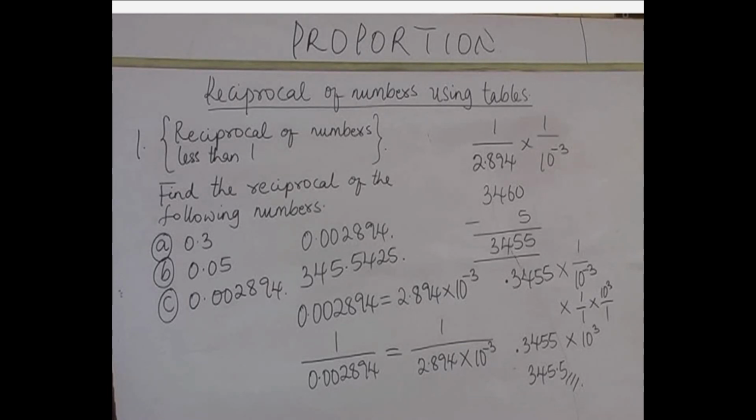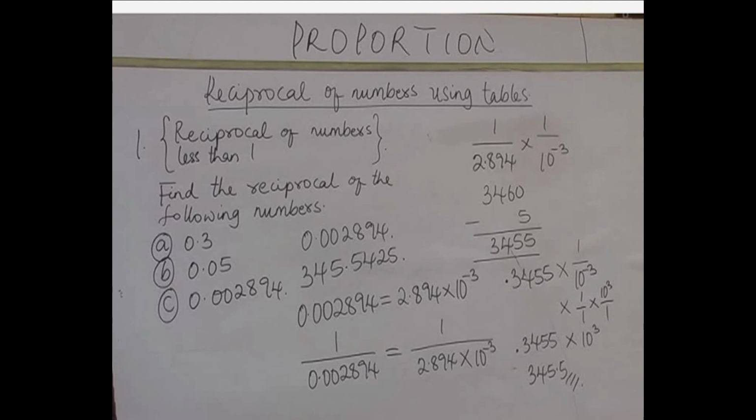The difference from the answer we got from the 4-figure table, which is giving you 4 digits, is because the 4-figure table has 4 digits. That was why they stopped at 345.5. But your calculator gives digits up to 10, depending on the strength of the calculator. That was why you had 345.5425 as the answer from your calculator.